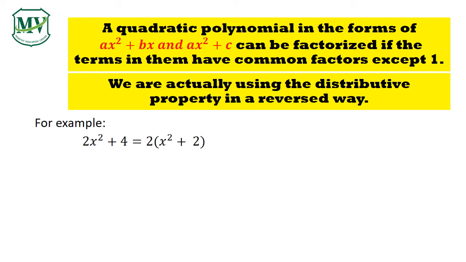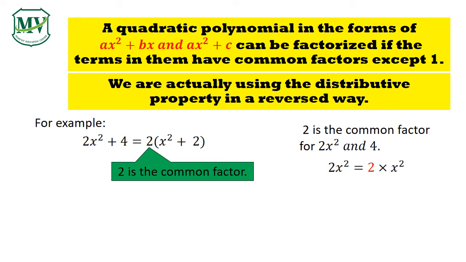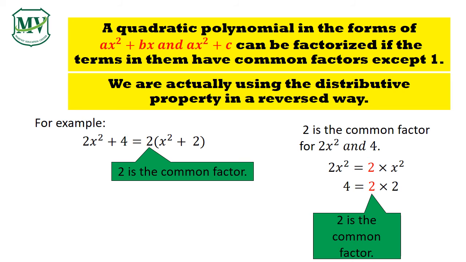The factorization of it is 2 times the quantity of x squared plus 2. So 2 is the common factor for 2x squared and 4. 2x squared is equal to 2 times x squared and 4 is equal to 2 times 2. 2 is the common factor.